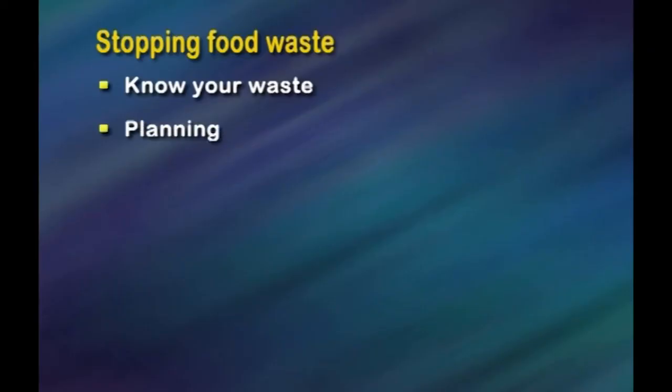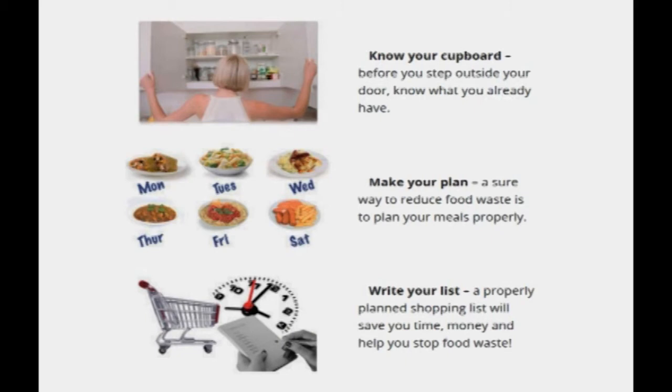The next step is planning. Good planning makes life easier, saves you money and reduces food waste. In this step, the points included are: know your cupboard. In the example you are seeing here, one lady is looking at her cupboard. Before you step outside your door, know what you really should have in it.